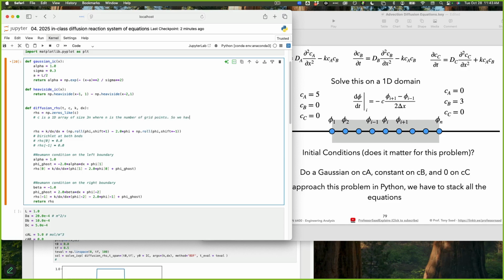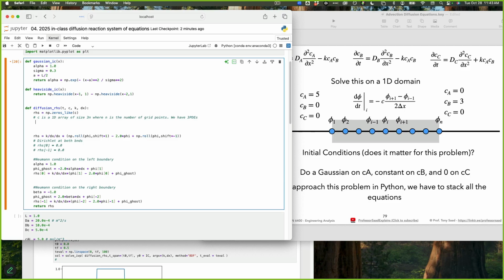We have three PDEs. The first n entries in C correspond to CA, the second n entries to CB, and the last n entries to CC.